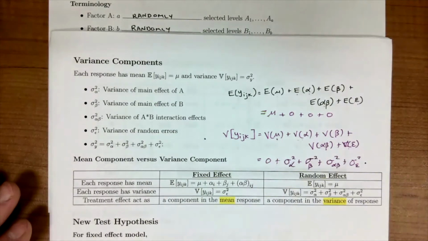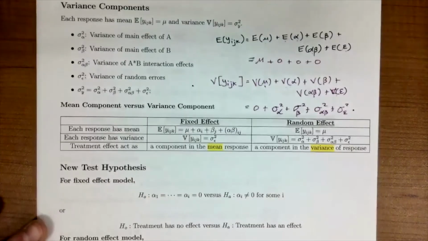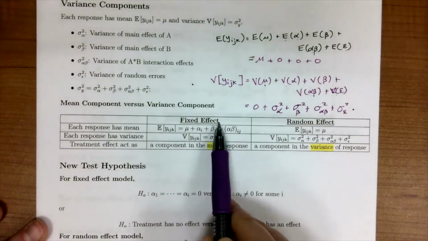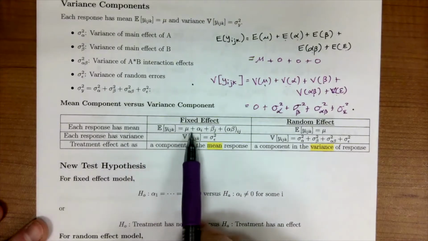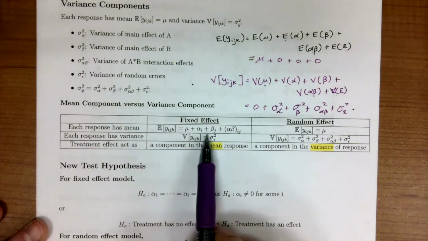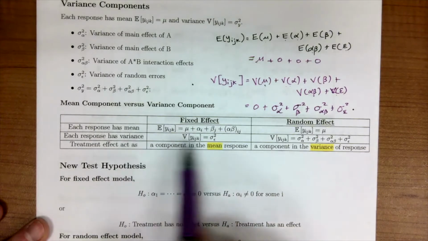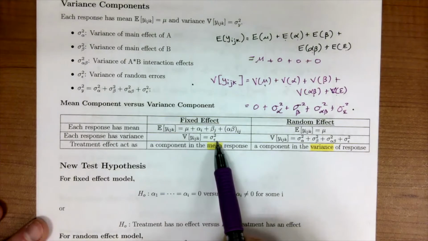Okay, so what is the difference? If we're just thinking about fixed effects models and random effects models, how are they different? Well, in a fixed effect model, each response has the mean of mu plus alpha i plus beta j plus our interaction. And the variance is just sigma squared epsilon.